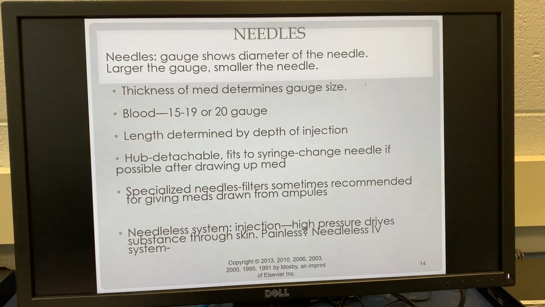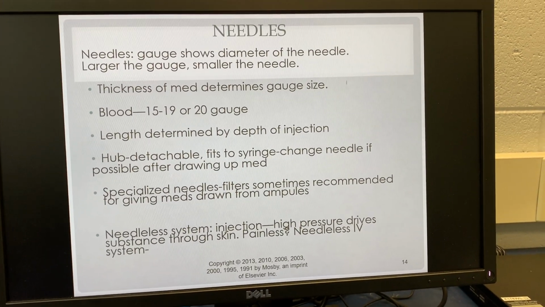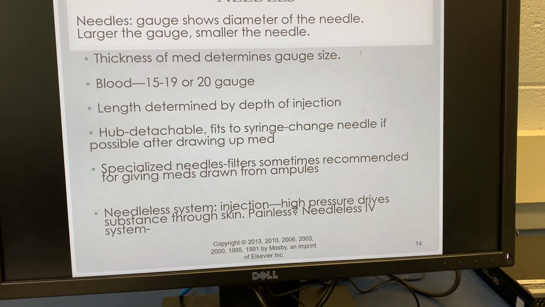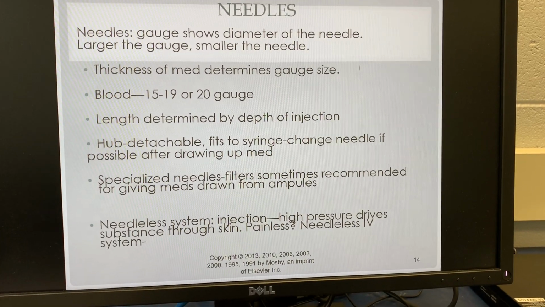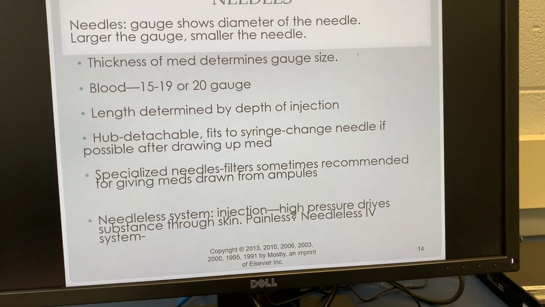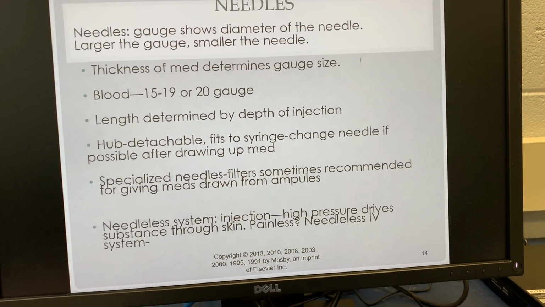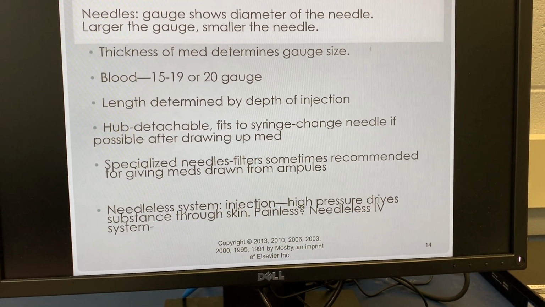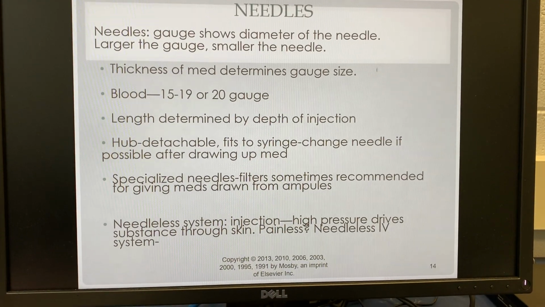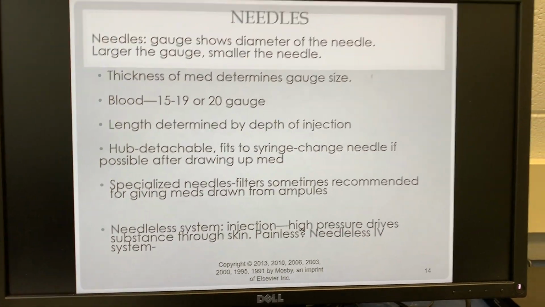So if somebody's coming at you with, say, a 15 gauge needle or a 16, they're going to be a little bit bigger, designed to allow more fluids in than, say, a 24 gauge syringe or a 26 gauge needle, that are made for people with teeny tiny veins and little babies.